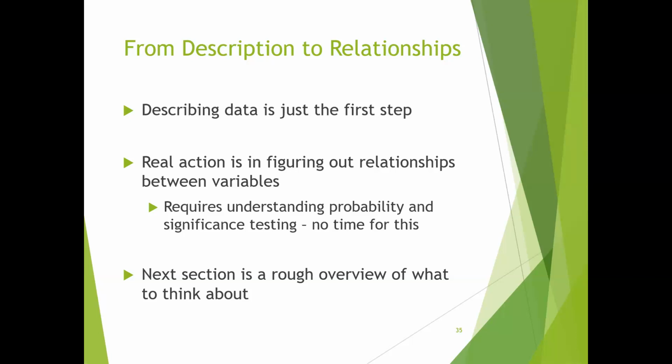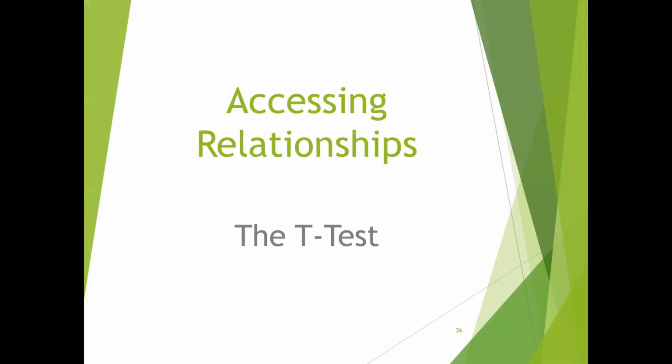But before we begin thinking about relationships, it's really important for us to understand what it is we're doing. So the first tool that we'll talk about for assessing relationships between an independent variable and a dependent variable is to think first about what it is we are up to.